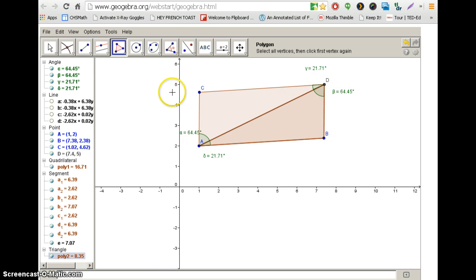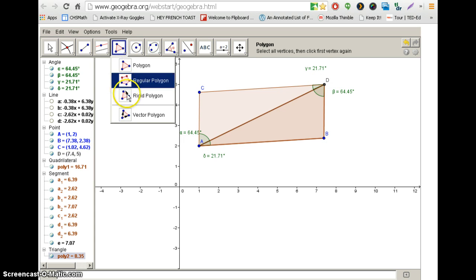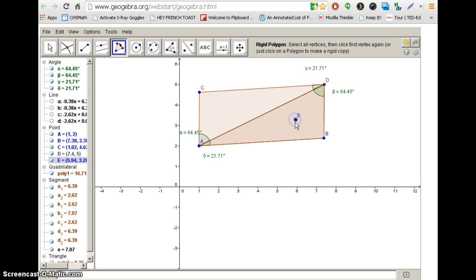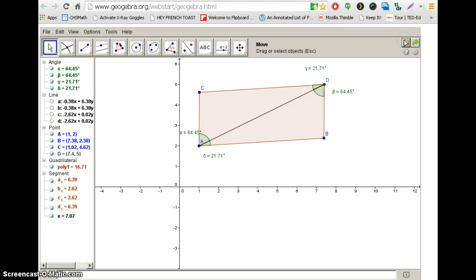right? And what I'm going to do is make a copy of this triangle. Let me undo that. Sorry about that. So what I'm going to do is make a copy of this little triangle right here.